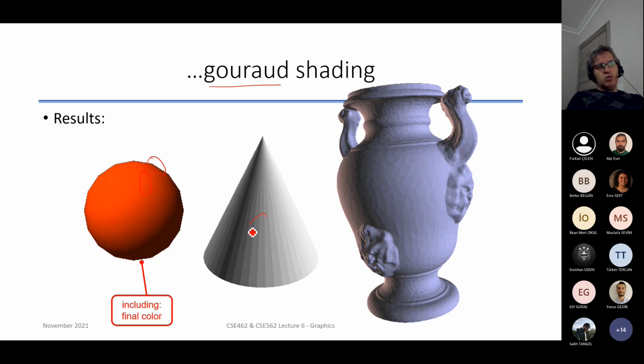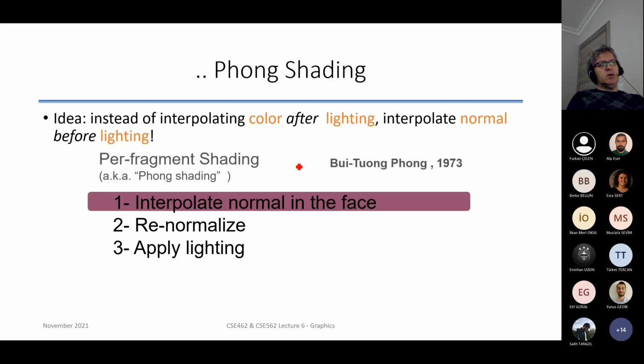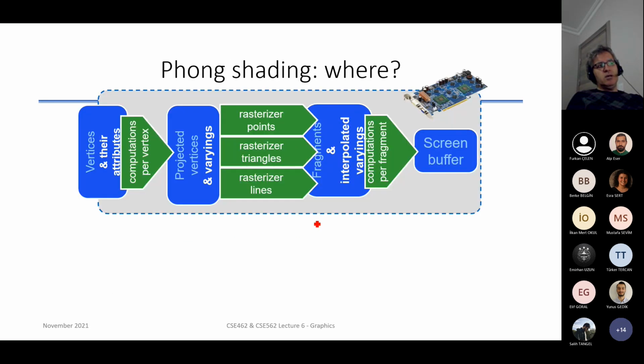Similarly, you can smooth these things here, and similarly here you can smooth this with Gouraud shading. And Phong shading is another idea that works here. You interpolate the normal across the face and renormalize, and you apply lighting. So this is part of this entire thing.